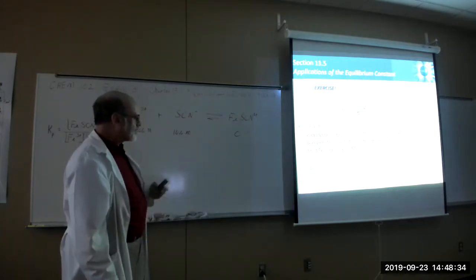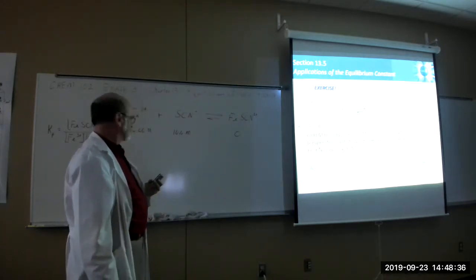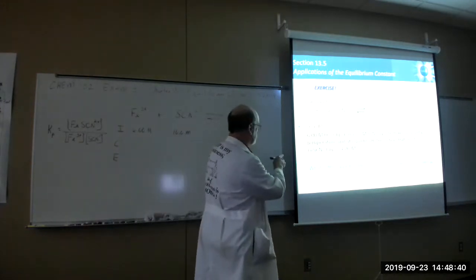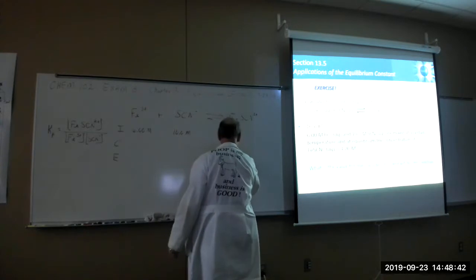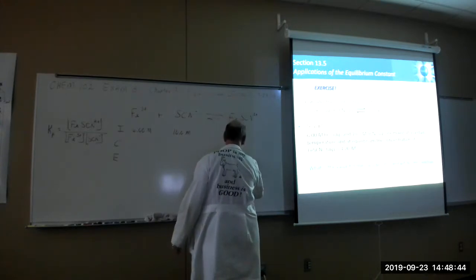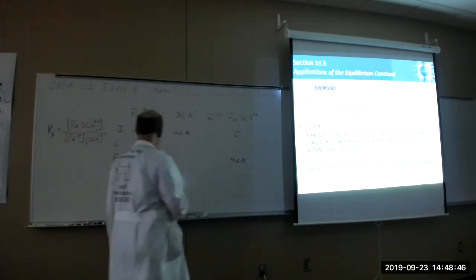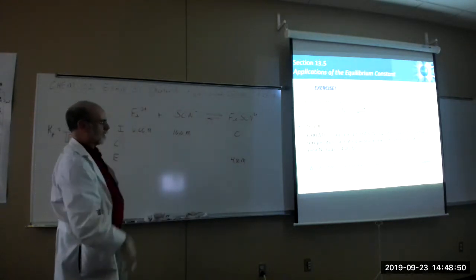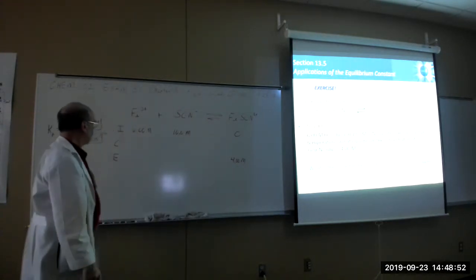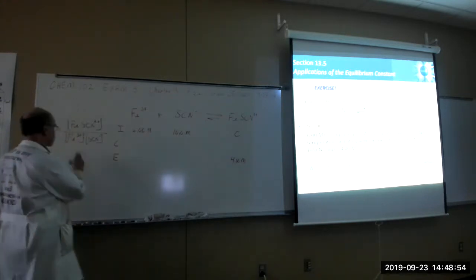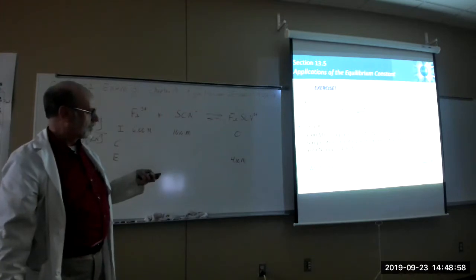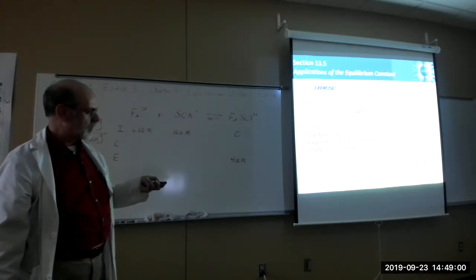Now, what's the equilibrium concentration? Well, it tells us the equilibrium concentration for this one is 4 molar. So that's given information. Now, what do we need to determine this value? Because that's the question: what is the value for the equilibrium constant?